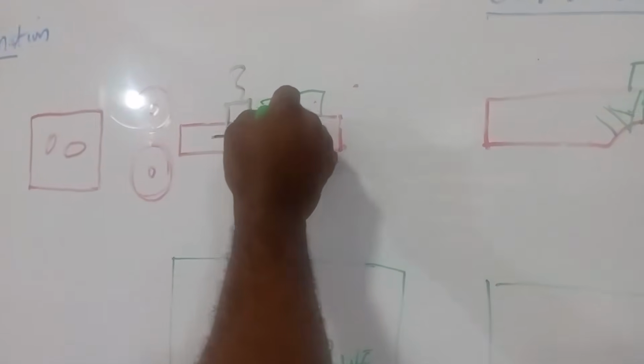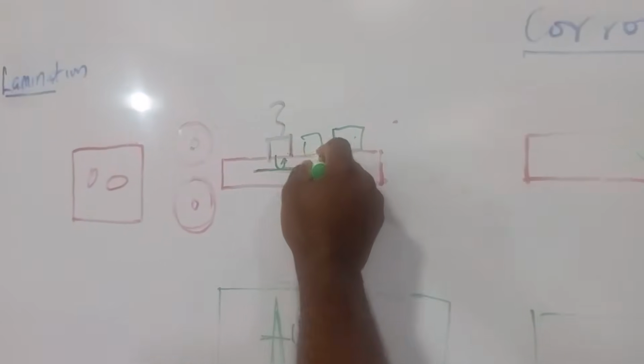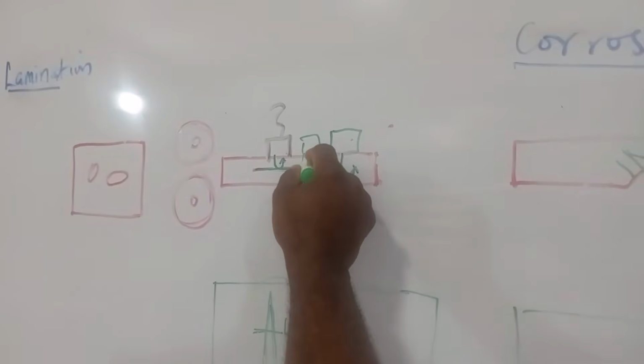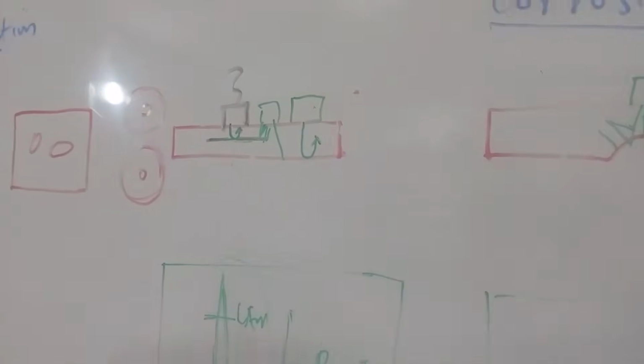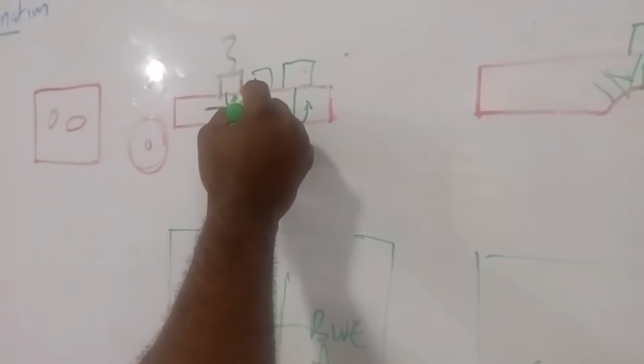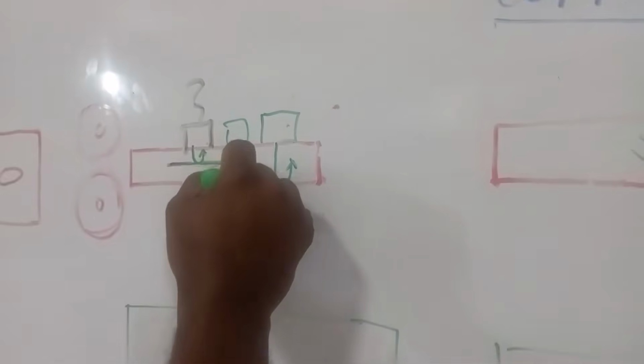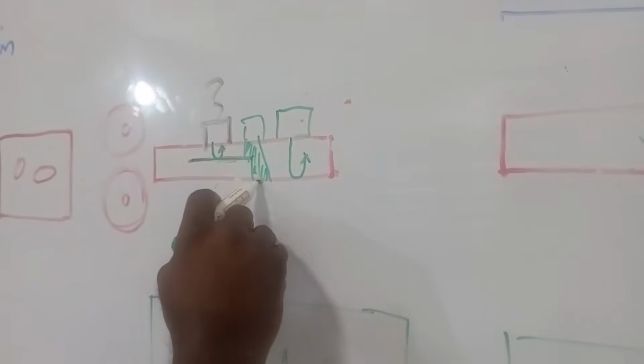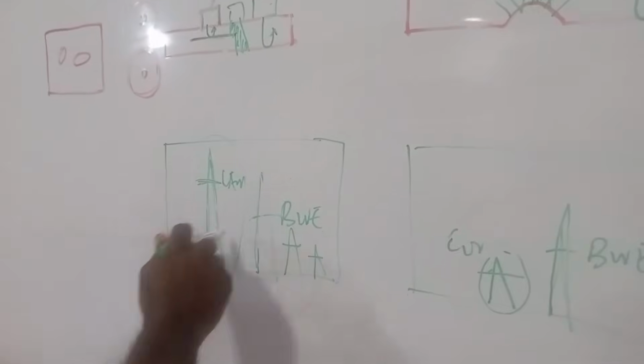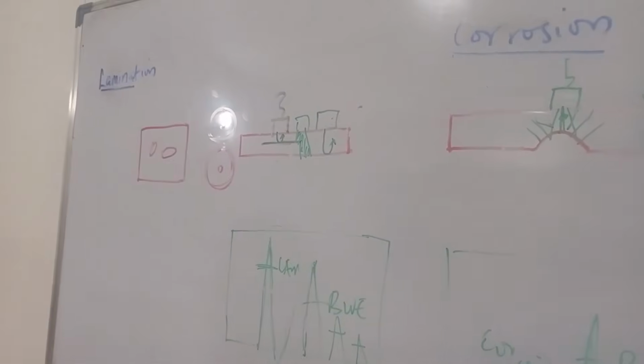But at the boundary between the lamination and the back wall, a portion of the ultrasound goes this way, and the other goes to the back wall. So you have your lamination echo and you have your back wall echo.